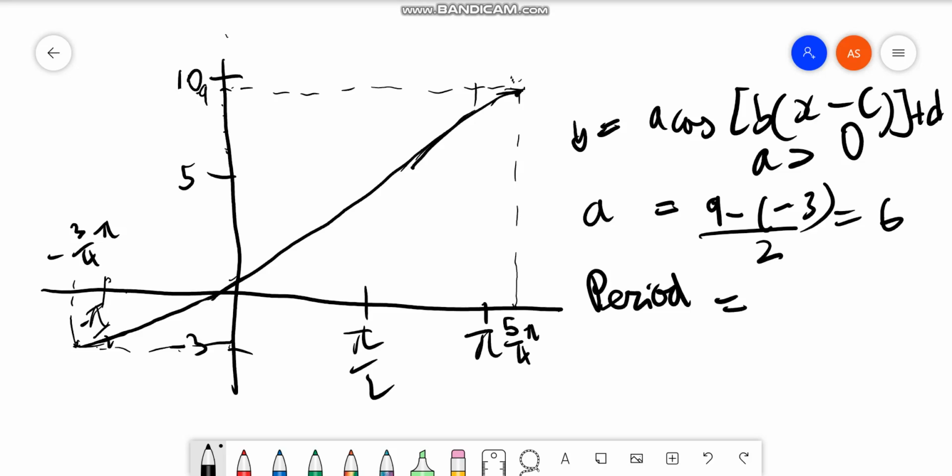So 5 over 4 pi minus -3 over 4 pi, and this gives you 2 pi.